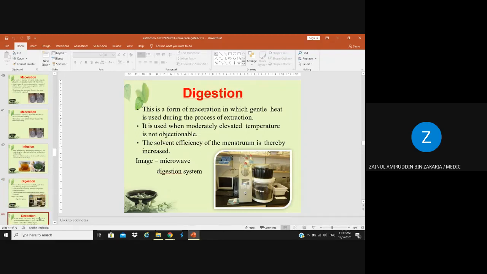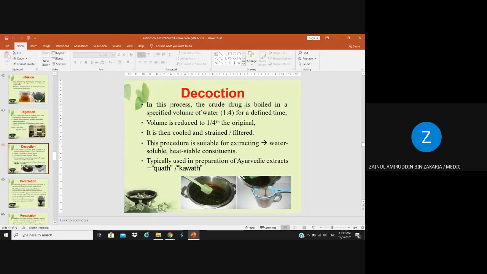And then you have decoction. The crude drug is boiled in a specified volume of water, normally 1 to 4, for a defined time. You have a defined time also, how many hours. For example, you put 1,000 ml of water against 250 gram of your plant sample.